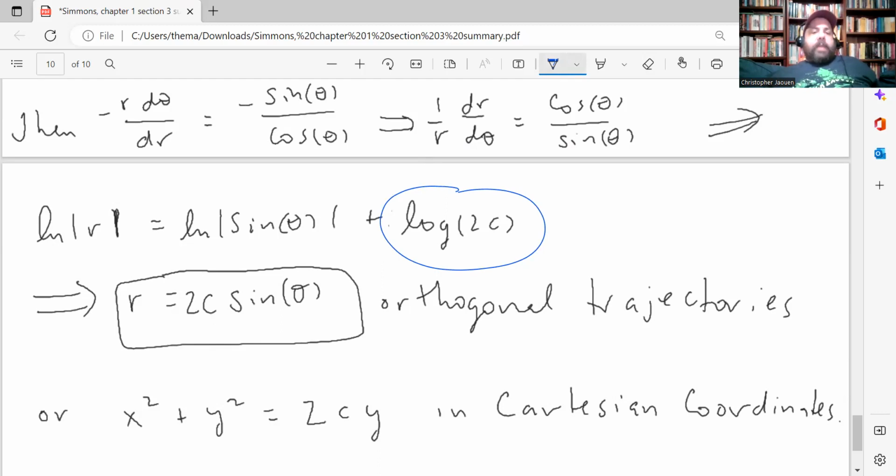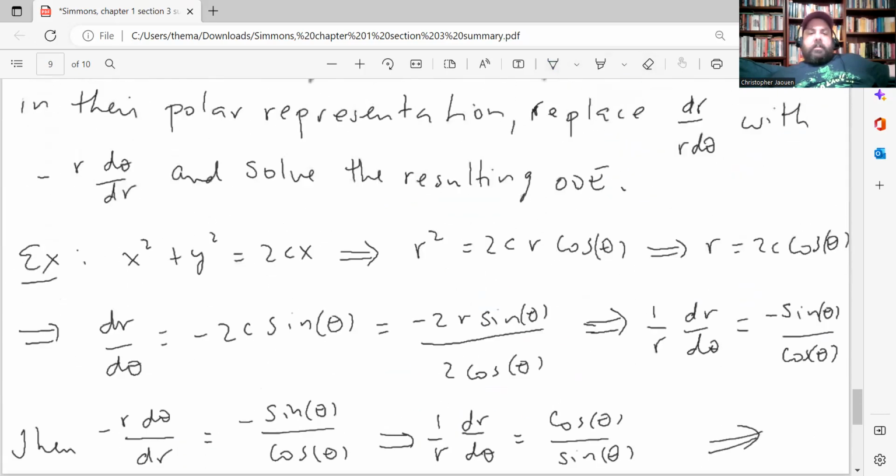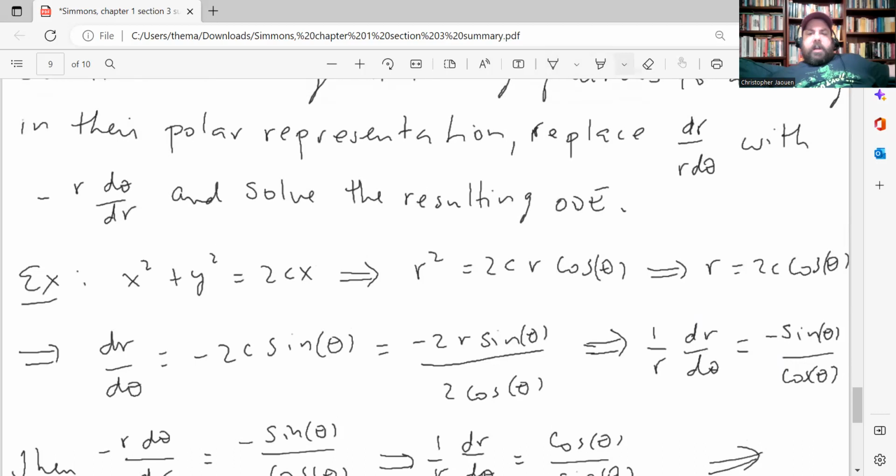The reason I'm doing that is because in the orthogonal trajectories, I want the constant to have the same value as the constant here. So that for each pair of curves in the family of integral curves, I want the orthogonal trajectory to have the same constant, if that makes sense.